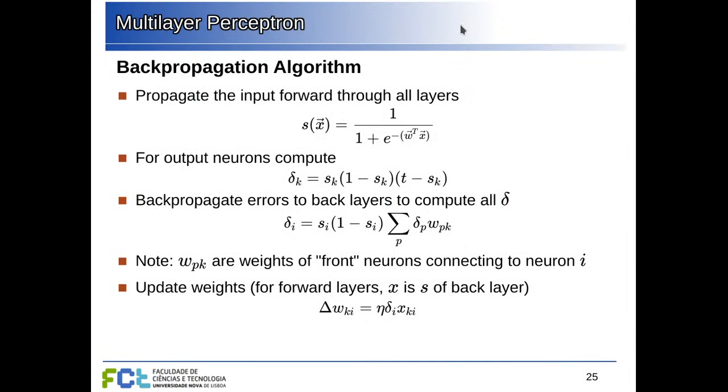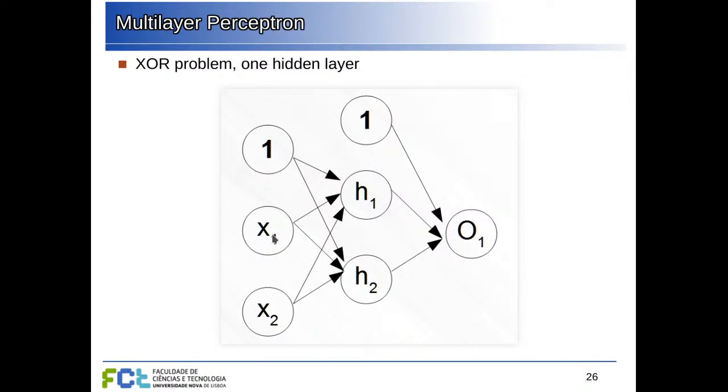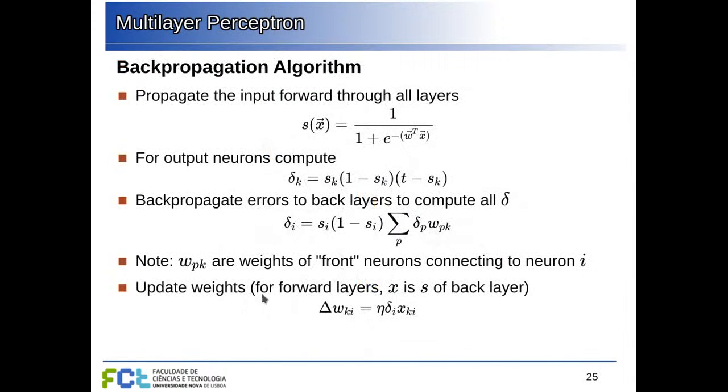So the backpropagation algorithm starts by propagating forward the inputs through all the layers. So we input here, we propagate the activation, compute the activation of this neuron, we input the activation of these neurons into the next ones, and so on. So if we have several layers, we can do this several times. And then for the output neurons, we'll compute this delta factor, so the updates for all the weights in the output neurons.